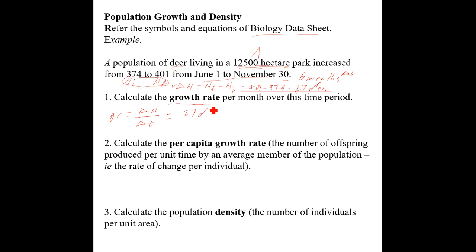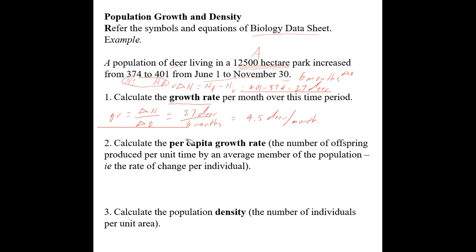We're talking about deer, so we have 27 deer, the change in the number that we have. The time that we have is 6 months. If you plug those numbers into your calculator, what you end up with is 4.5 deer. Again, write the units down, per month, is the change that we have. So that is the growth rate.